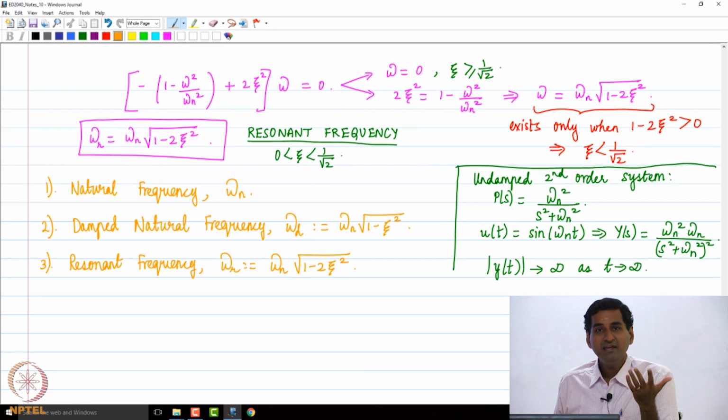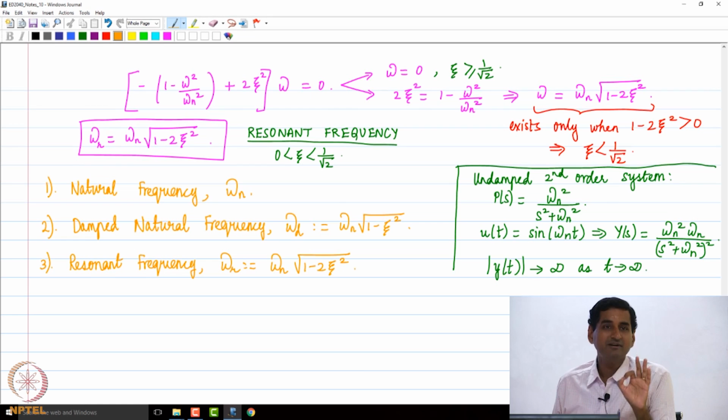If I have such a system, this is the frequency at which the amplitude of the corresponding sinusoidal transfer function will be a maximum. So that is the implication.